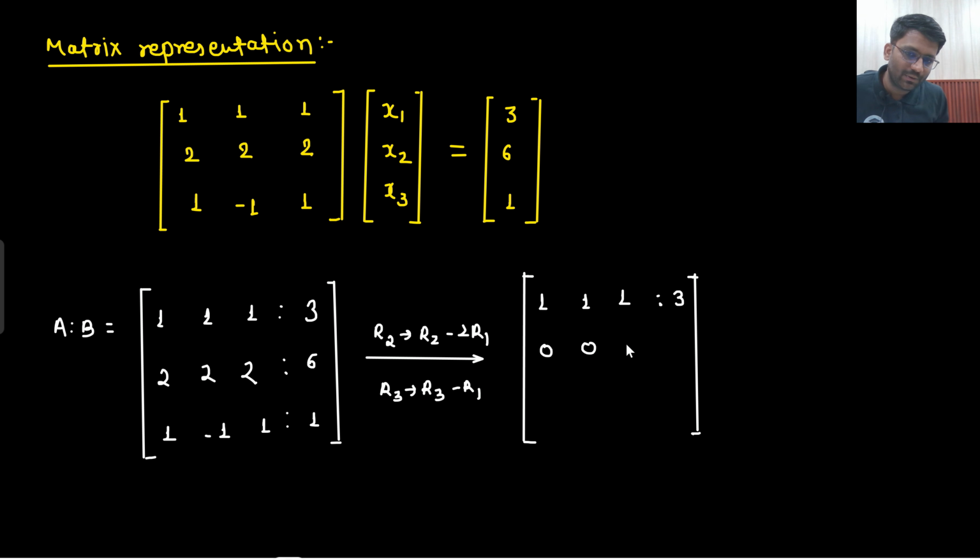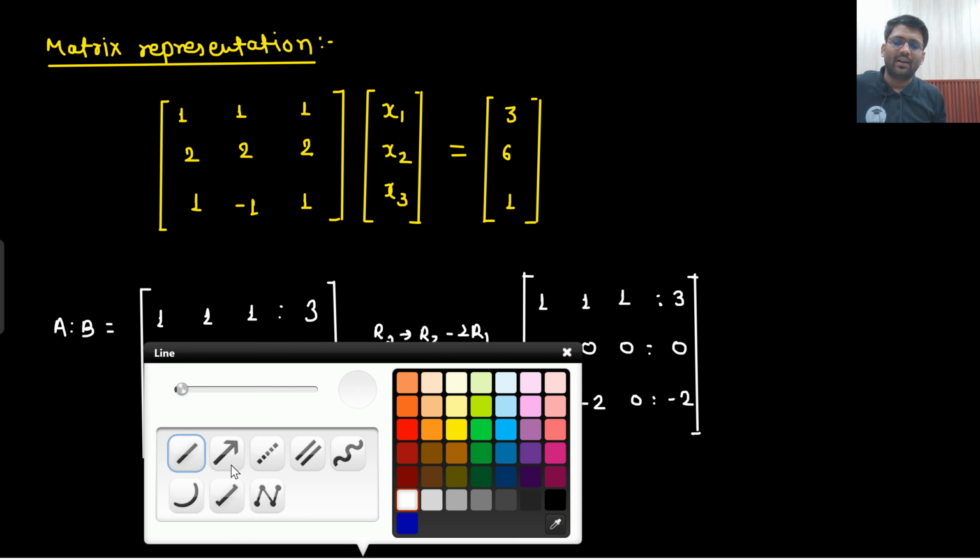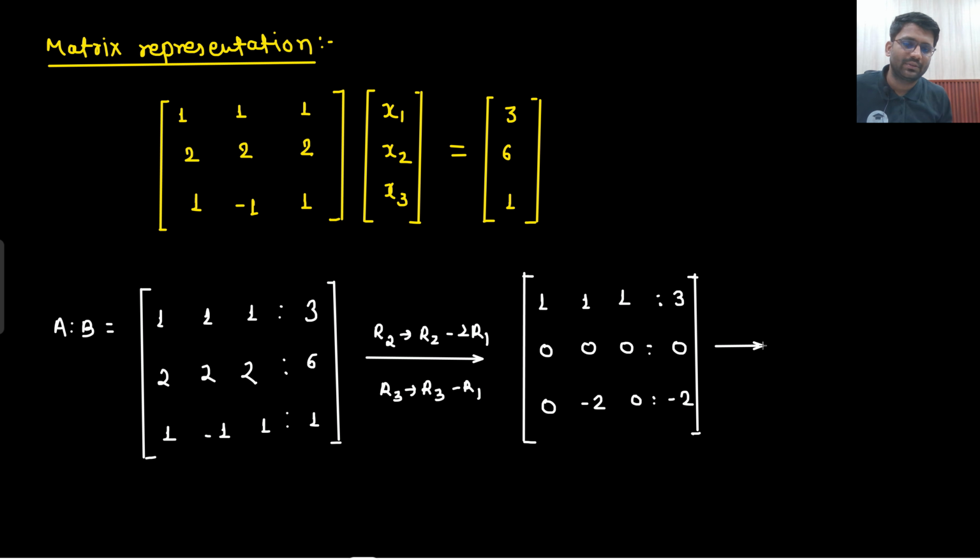So this will be 0, 0, 0, 0, and this will become 0, minus 2, 0, and minus 2. And now I know that I can interchange the rows. So R2 will be interchanged with R3.